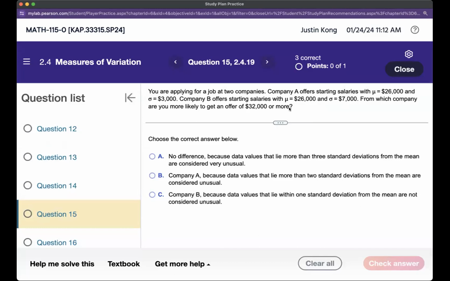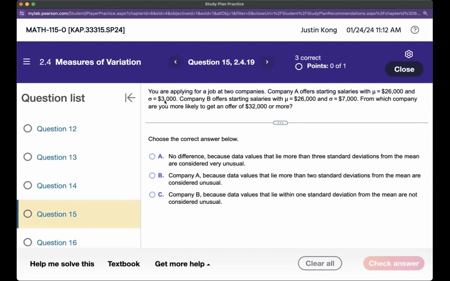Okay, so 32,000 is significantly higher than the $26,000 average, and both have the same average. If I add 3,000 two times to 26,000, I get 32,000, right?